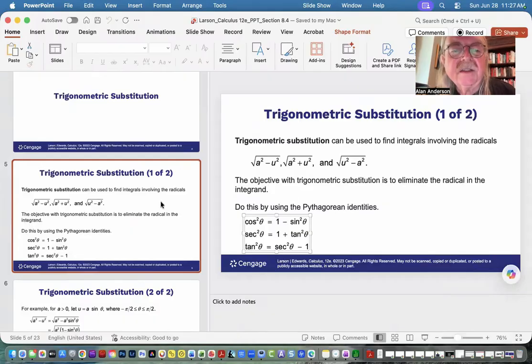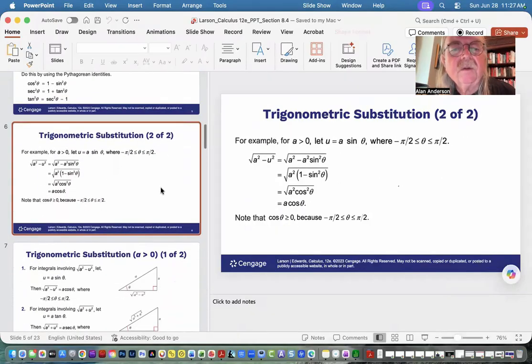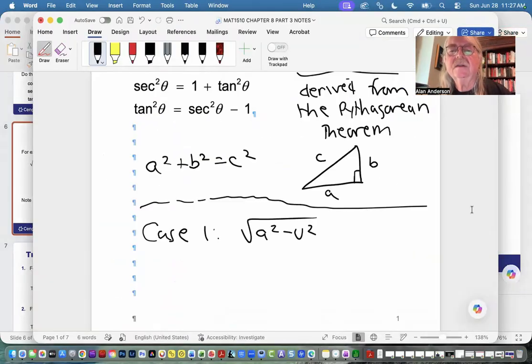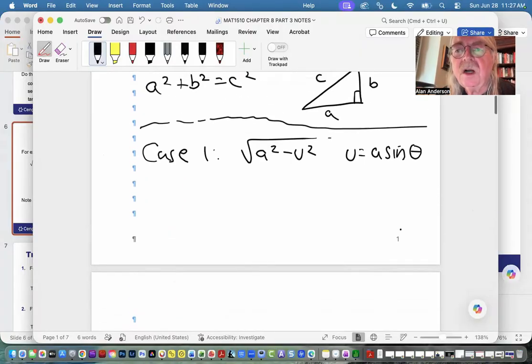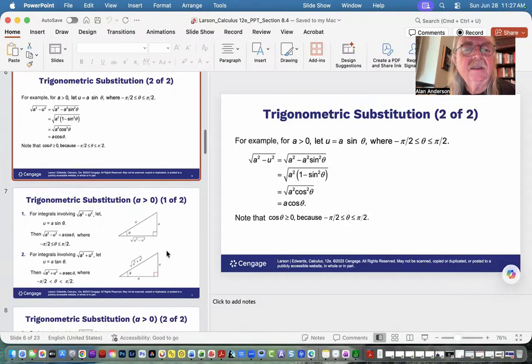And what are we expected to do with that case? Well, what they're going to tell us to do is let u be replaced with a sine theta. Now, they're going to show us why with a diagram.